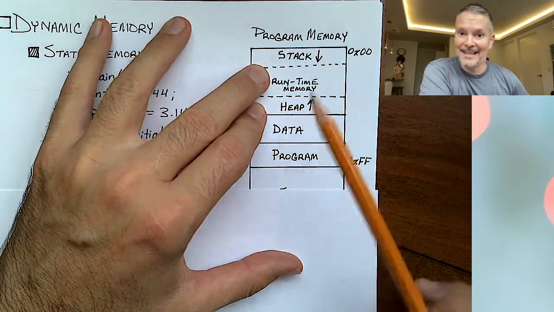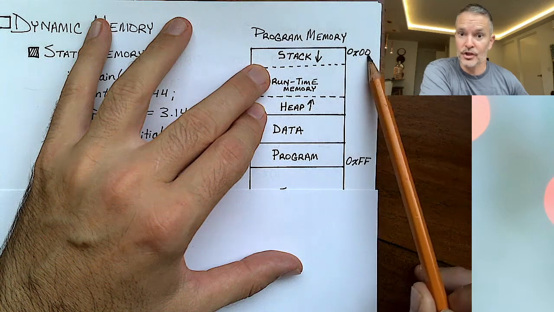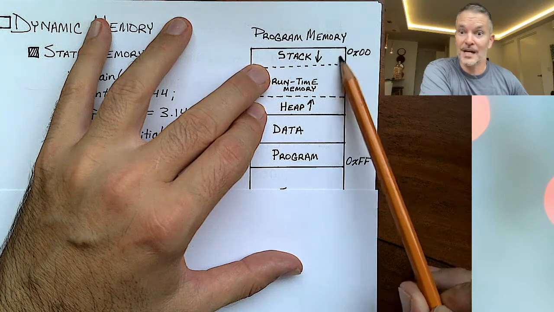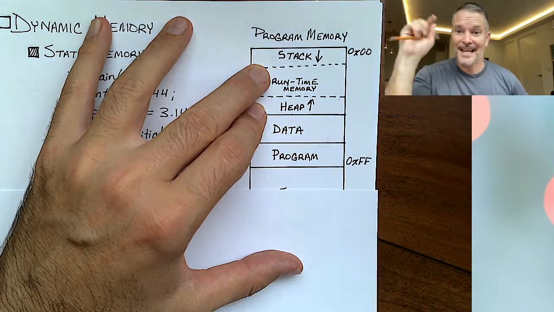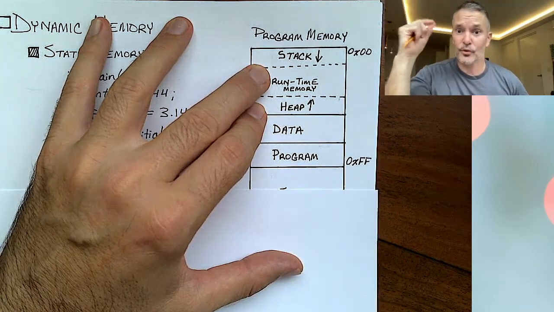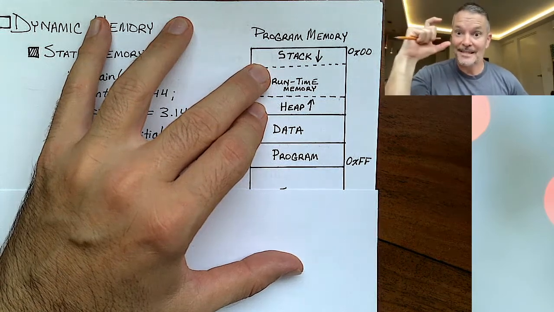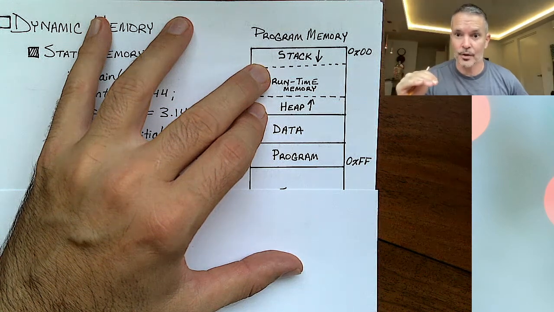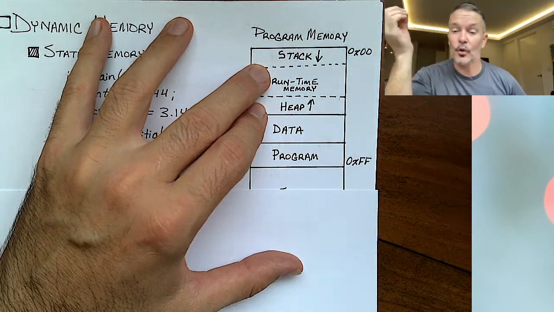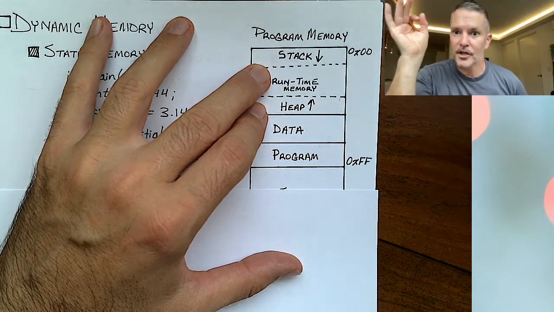The stack is an area of memory that grows from a very low address to higher addresses. The purpose of the stack is that every time your program calls into a new function, memory gets allocated and the stack grows. Memory gets allocated to hold the variables and parameters that are used by the function.